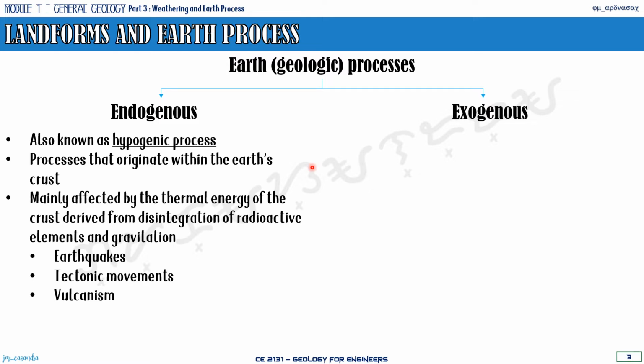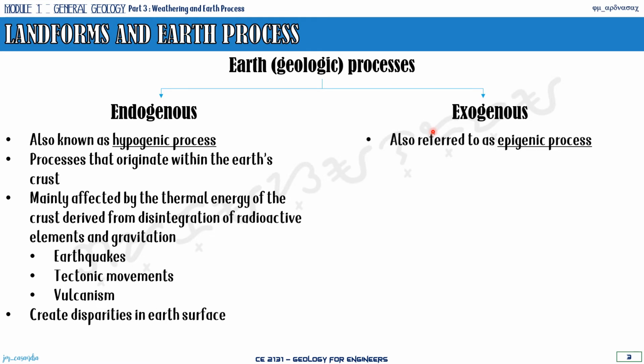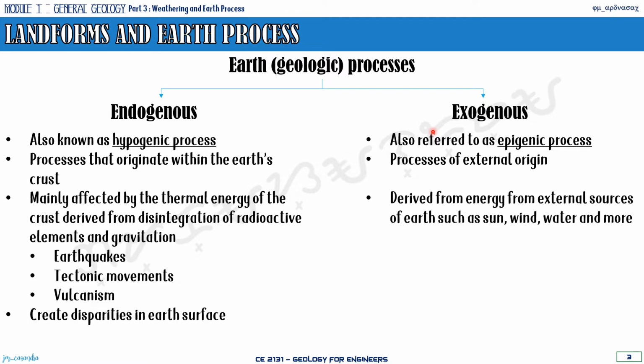landforms. Okay? While for exogenous processes, from the word exo, it is a process that happens at the surface or outside the crust of Earth. So exogenous process is also called epigenic process, wherein this is a process that is caused by external forces or external origins.